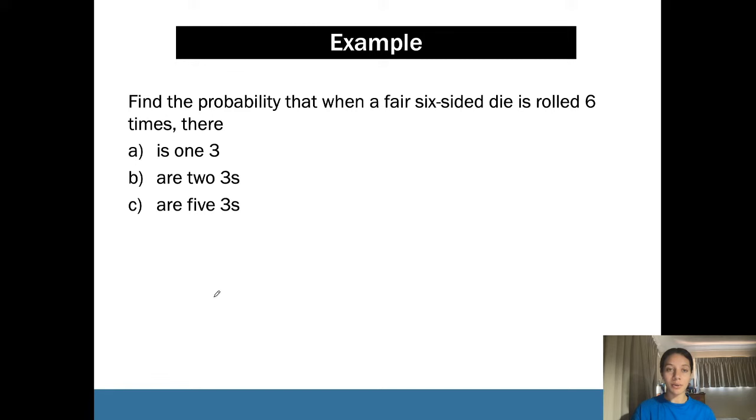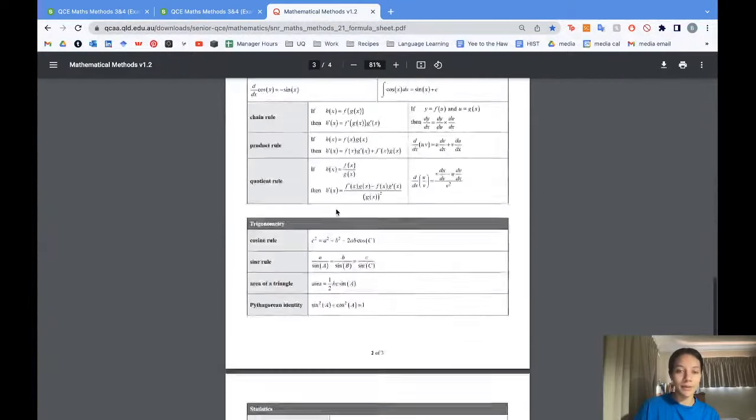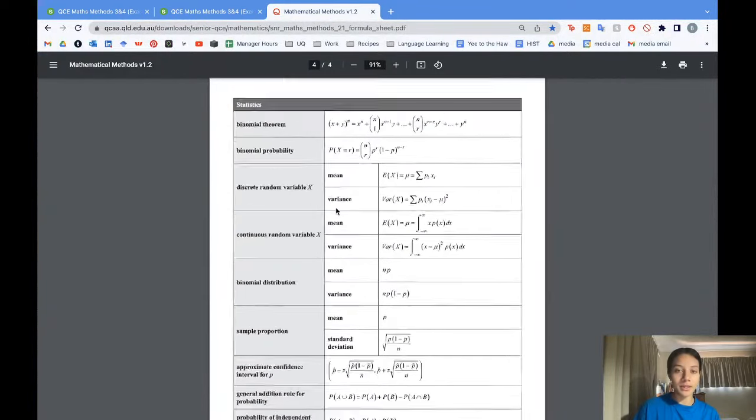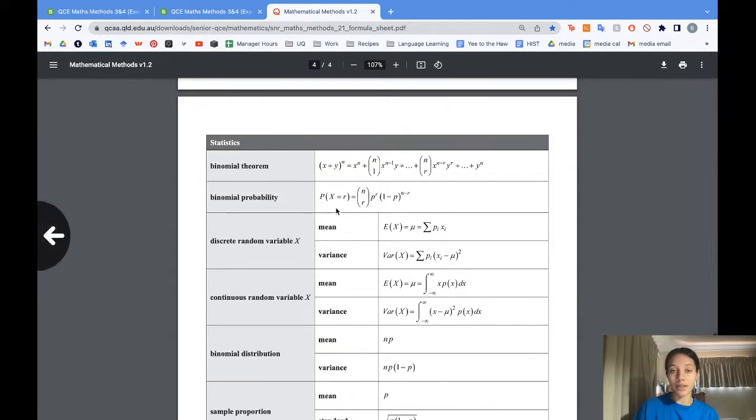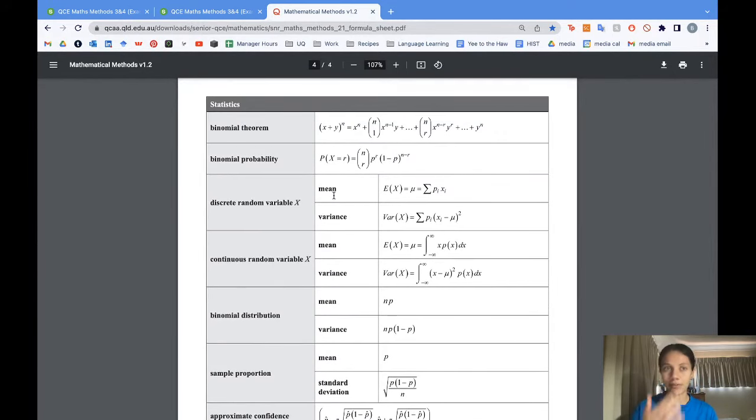So we have an example question here, which I'll leave up for a bit. I'm thinking about whether it's worth going through the content first and then coming back to questions, because you can access all these questions in the slideshow and go through the solutions in your own time. But what I will point out quickly is that in the formula book, something really useful is to break down this page and go through it. This can be a revision activity.